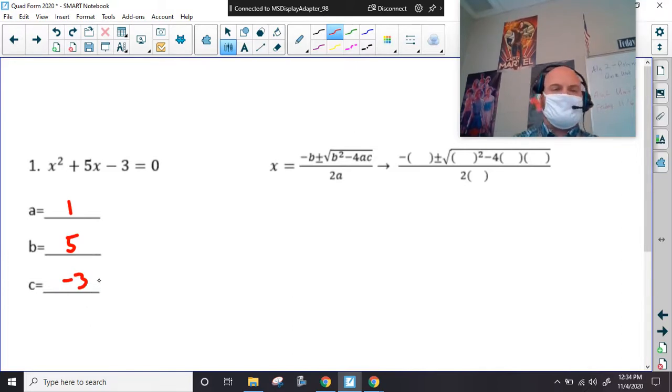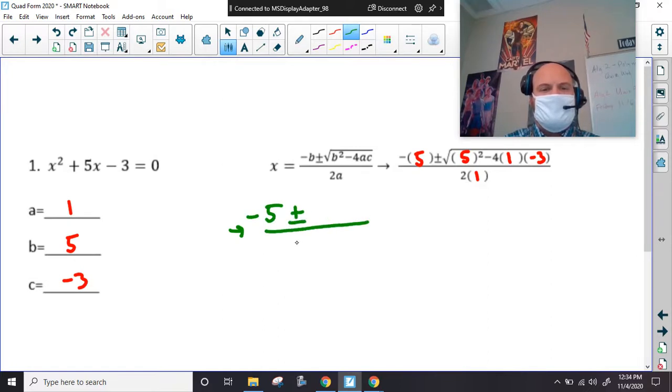I think one of these doesn't give an imaginary number, and the others do. When I plugged it in, that gives me negative 5 plus or minus the square root of 5 squared minus 4 times 1 times negative 3, all over 2. I get 37. There's no square root of 37, so I'm done.